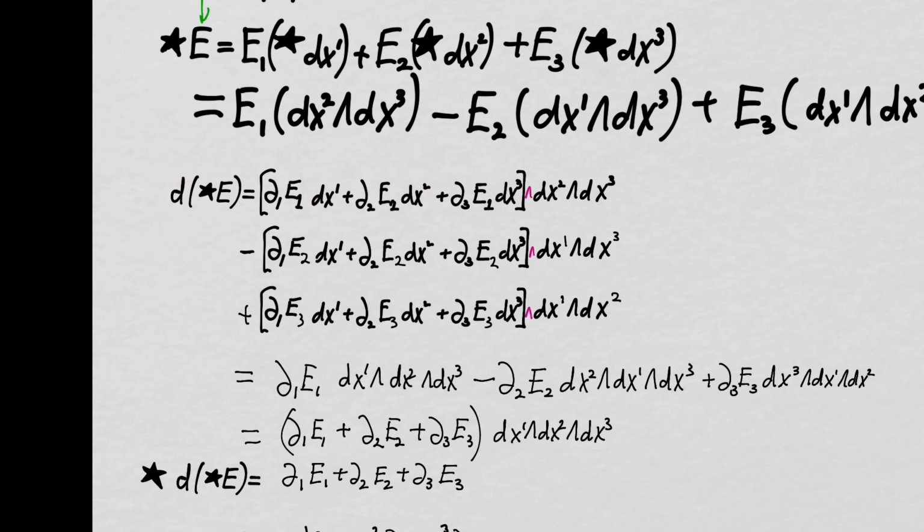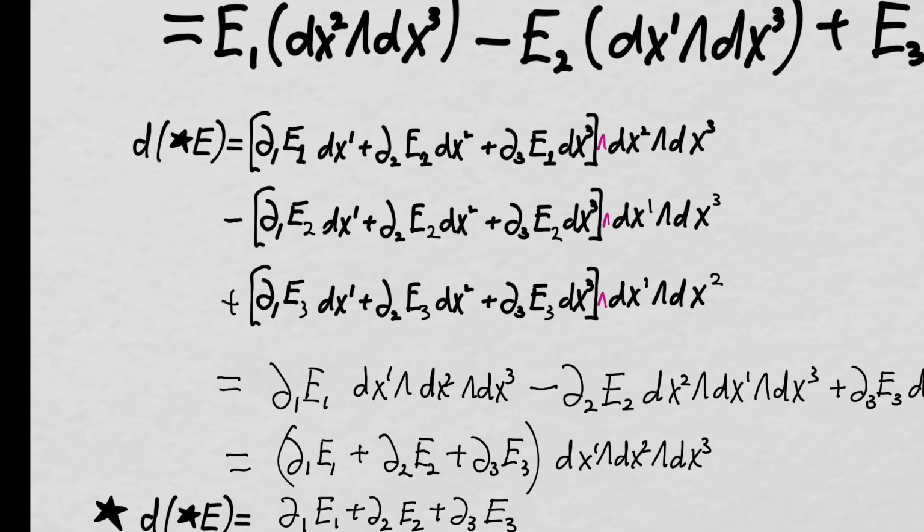So now we have found the exterior derivative of the Hodge dual of the electric field one form, and that's what this thing is. But what you see here is you have dx3, dx2, dx3, for example. That one is 0 because you have the wedge of dx3 with itself, so that term goes away. But this term survives, and this term survives.